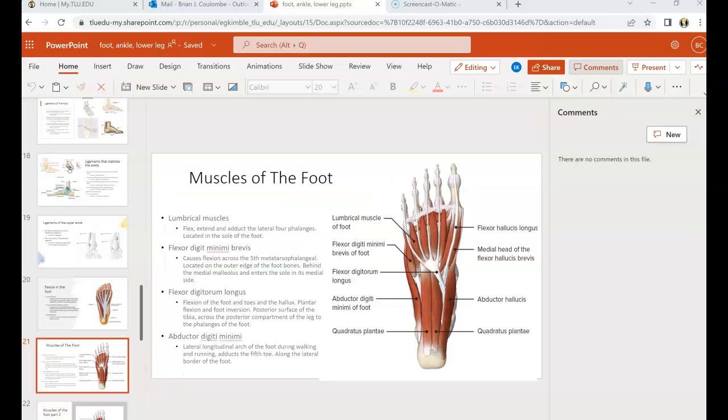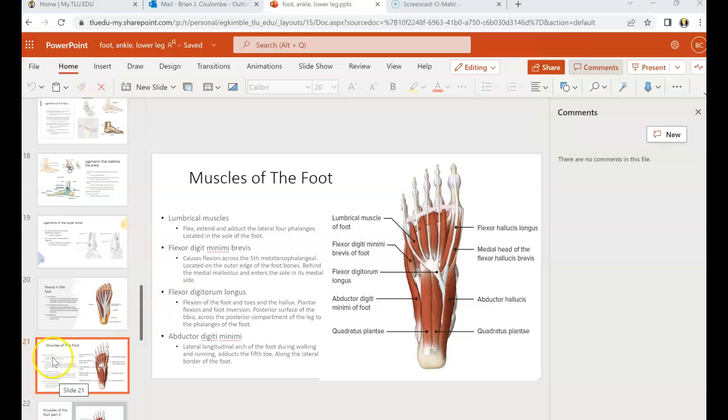Then we get to the muscles, and this is my other big critique. If you look at the example that I put up there on the elbow, wrist, hand, I have it sectioned out: origin, insertion, action, and they should be really, really brief.